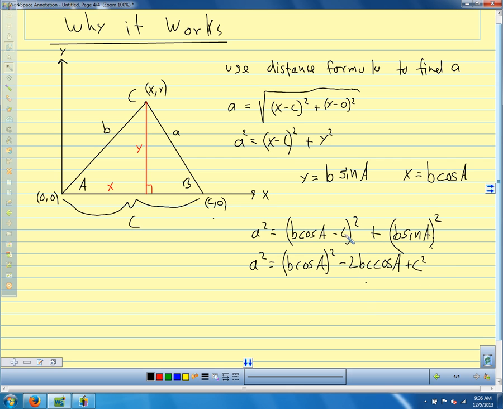Plus c squared from this, plus b sine A, quantity squared. Now I'm going to rearrange things a little bit. So a squared equals b squared cosine squared A plus b squared sine squared A from these two, plus c squared minus 2bc cosine A.